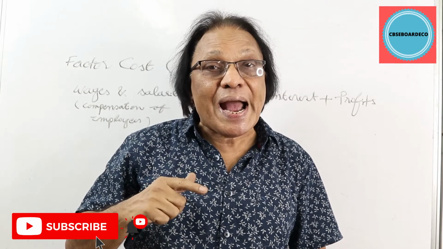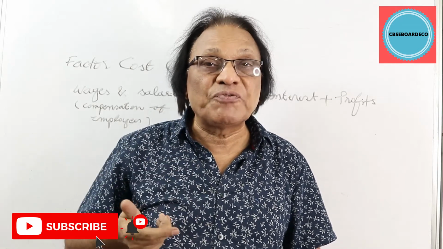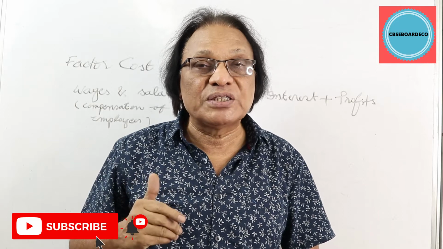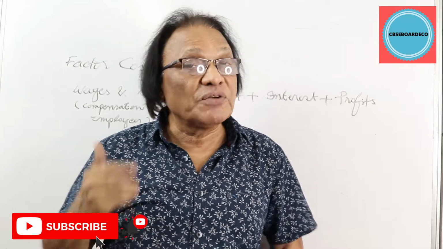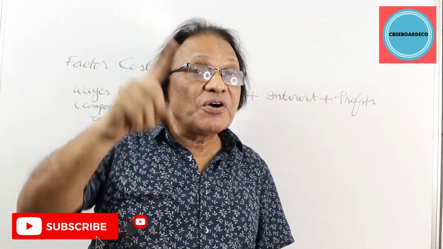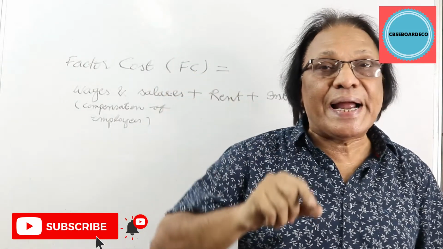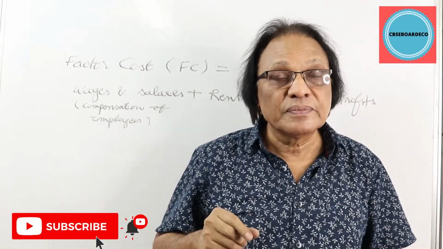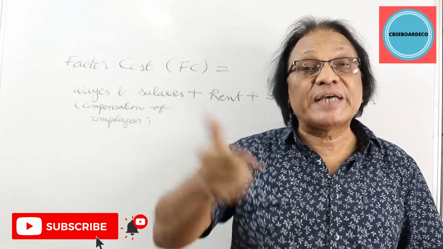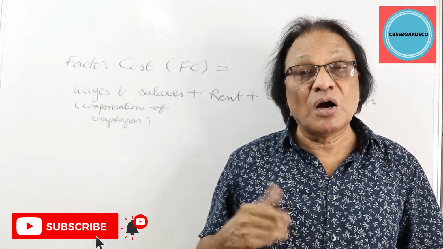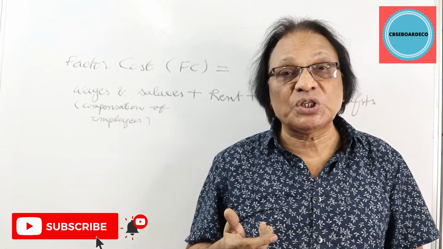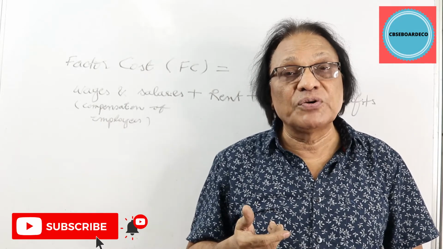So the firm has to pay these 4 factors of production for utilizing their services. What does the firm have to pay? The firm has to pay rent to land. Keep in mind, the firm has to pay wages and salaries to labor. Oftentimes we call them compensation of employees. It's the same thing, don't get confused.